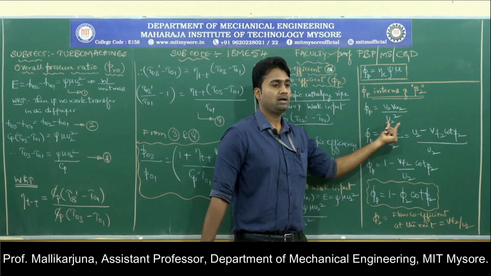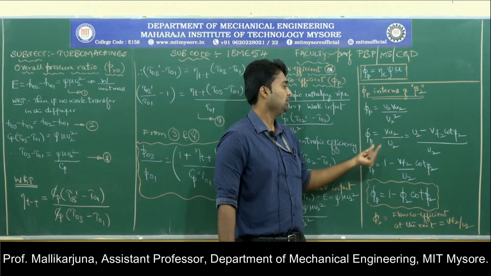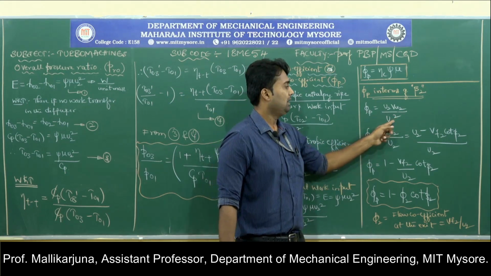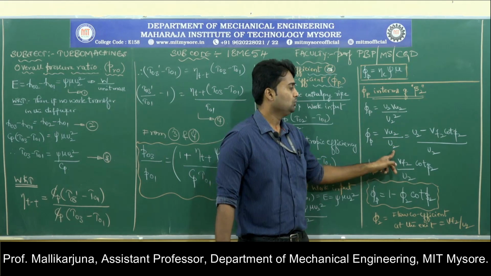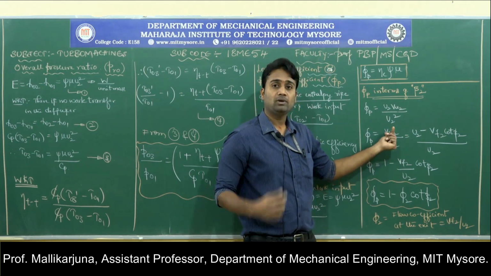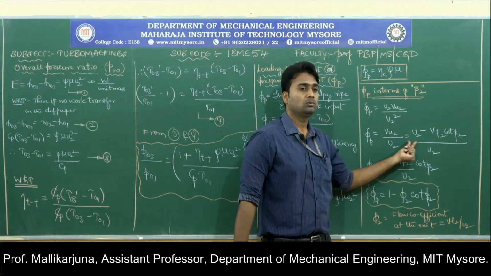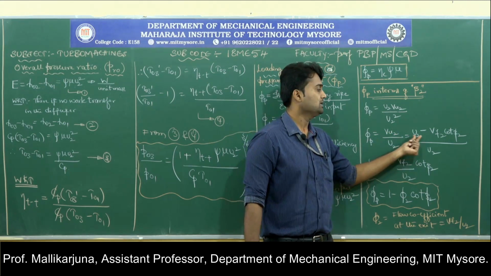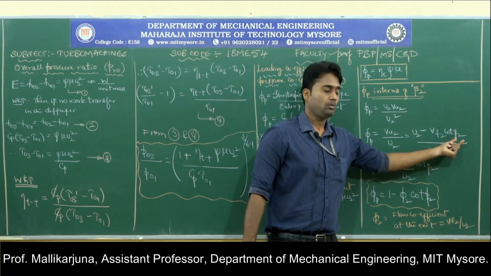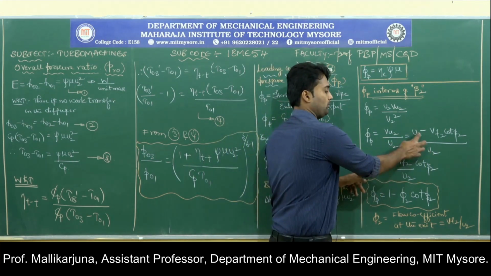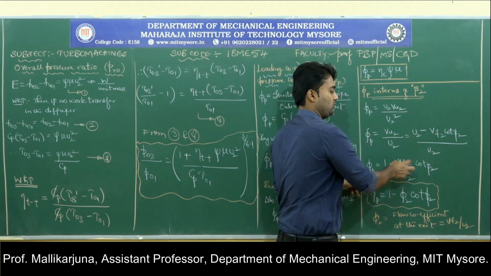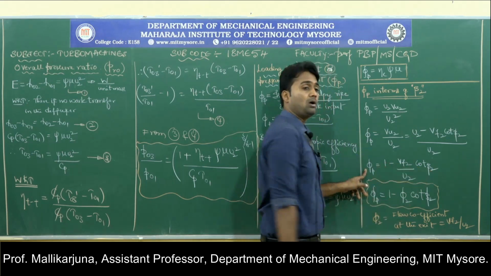I cancel U2 with one U2 and I am left with VU2 divided by U2. From the velocity triangle, VU2 for the exit velocity triangle can be written as U2 minus Vf2 cot beta 2, divided by U2. So phi p will be U2 by U2, which is 1, minus Vf2 divided by U2 times cot beta 2.